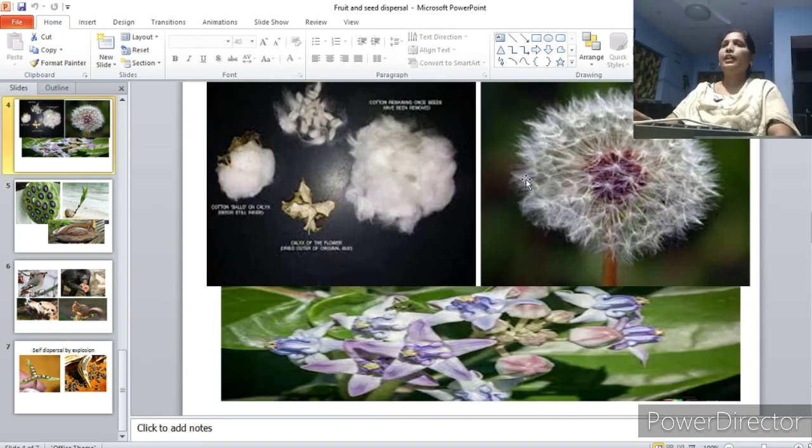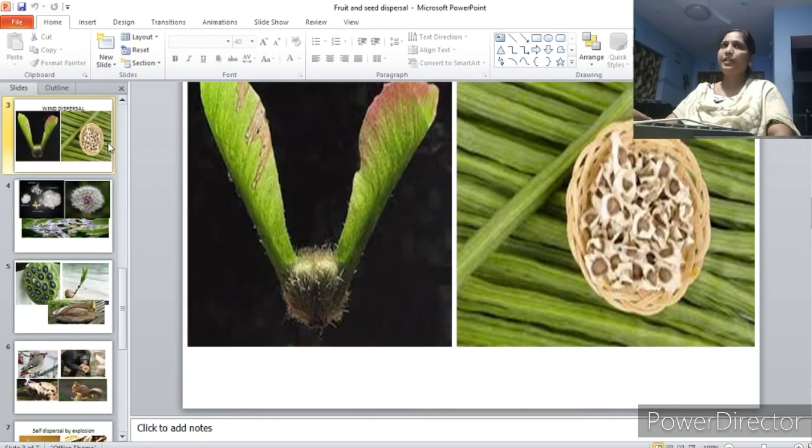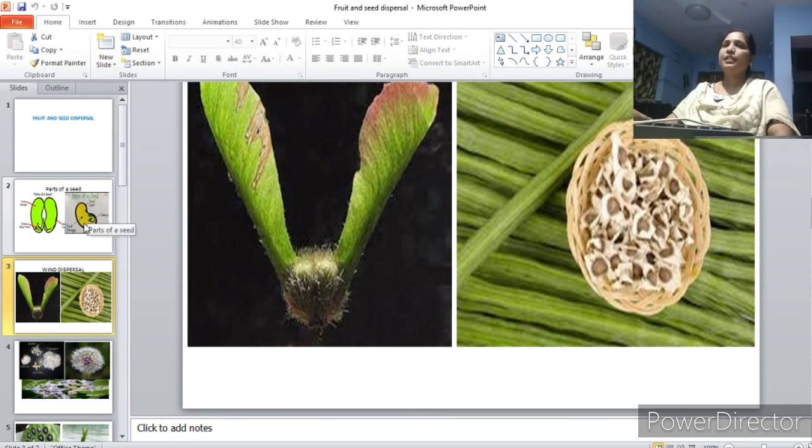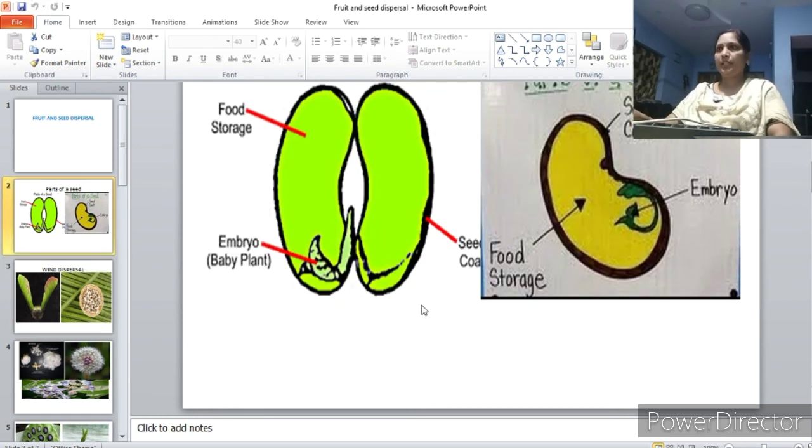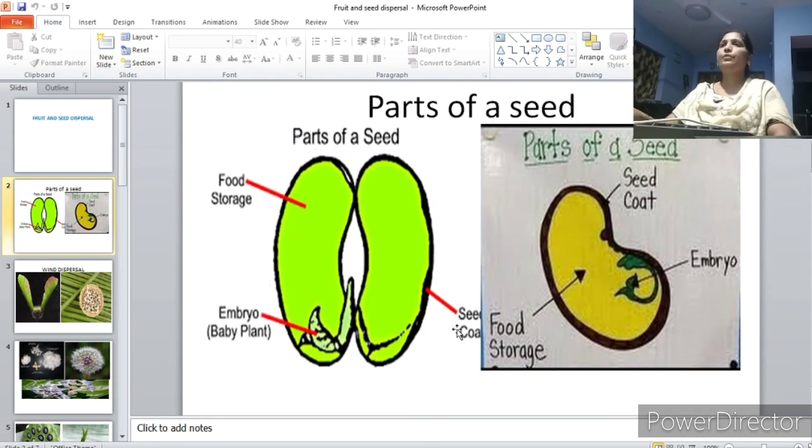I gave a few examples. You find out some more examples which can disperse by water and some more which can disperse by wind, and draw the diagram of the parts of a seed and label it nicely. So this is your today's homework, children.